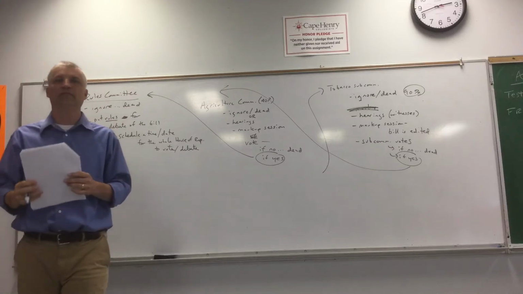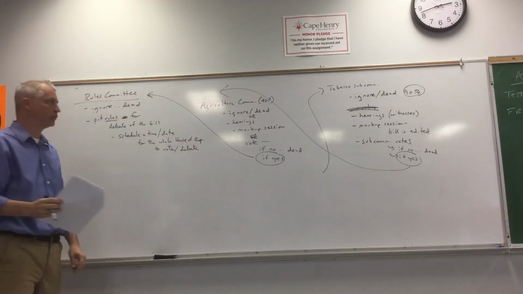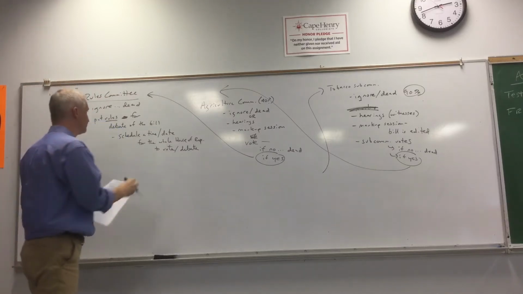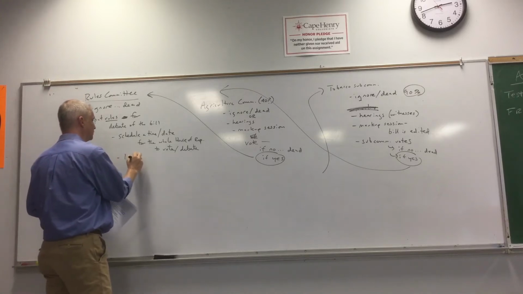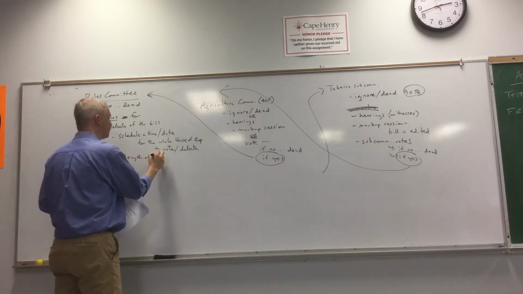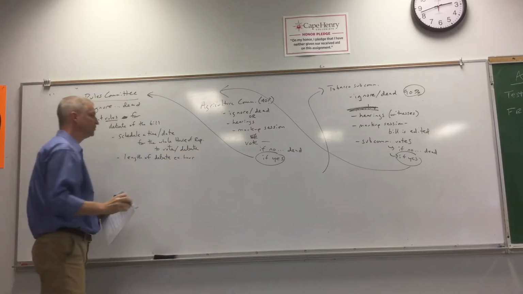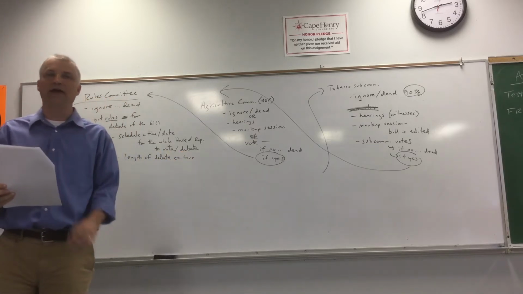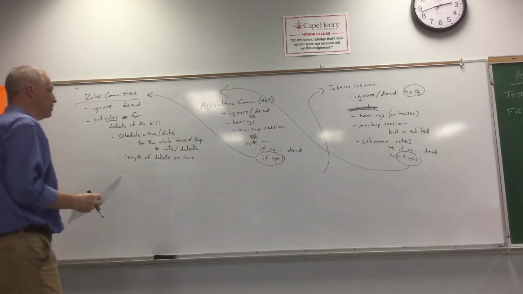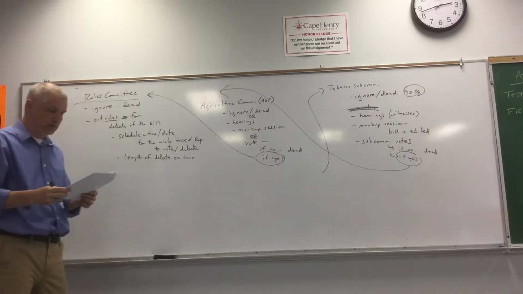So, okay, we've got this bill on April 20th, we're going to debate on it and then take a vote. And they'll decide how long the debate on the bill is going to last before they vote, so maybe an hour, maybe 2 hours, something like that.